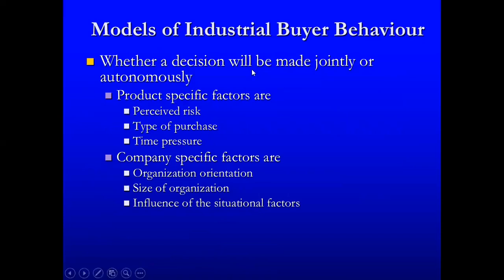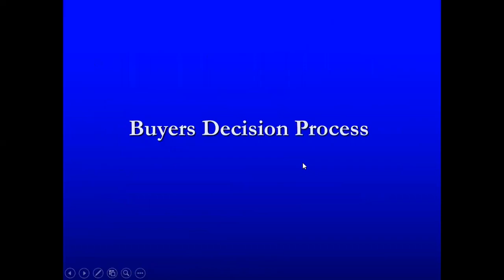Whether a decision will be made jointly or autonomously depends on the product or company specific factors. Product specific factors include perceived risks, type of purchase, and time pressure. This is similar to what we have seen in family purchase. Then company specific factors include organization orientation, size of organization, influence of the situational factors.